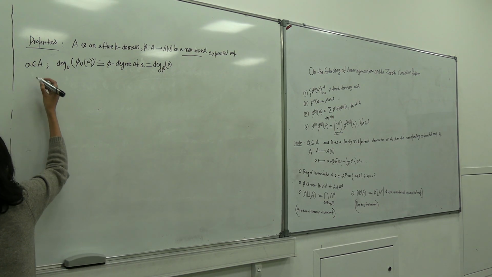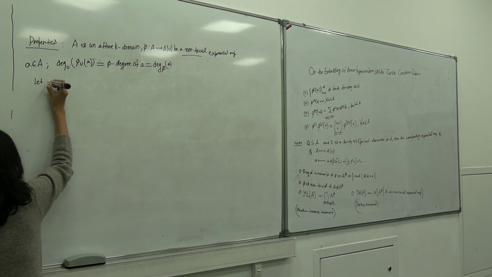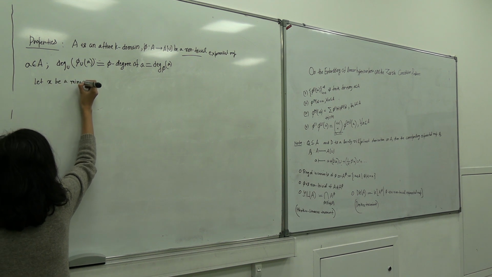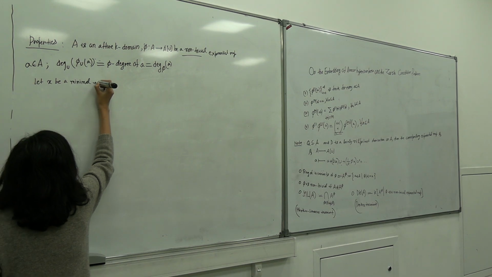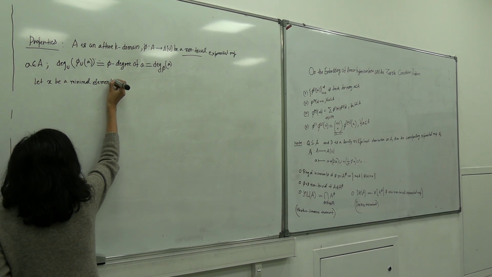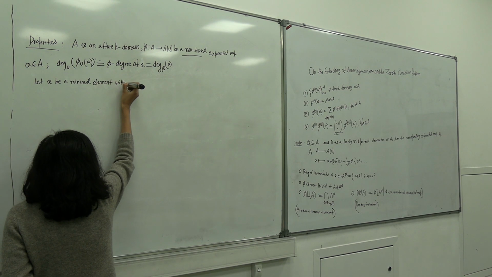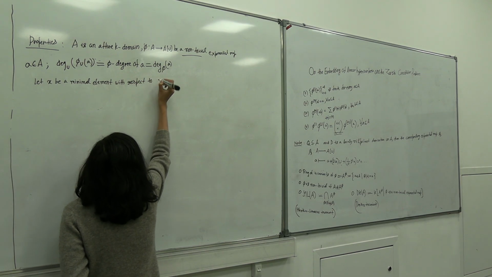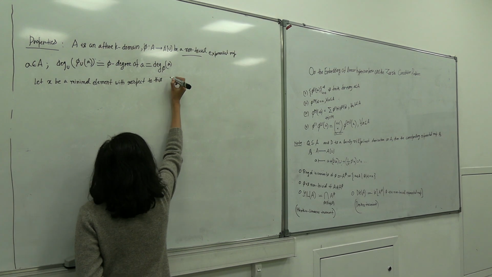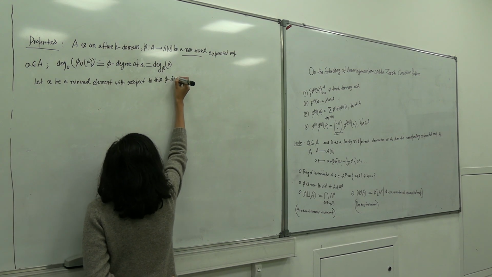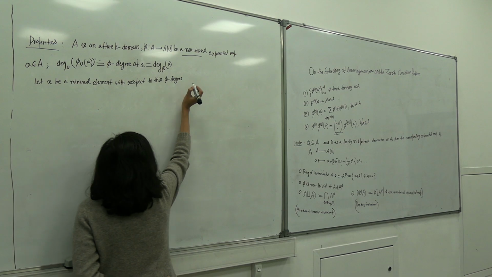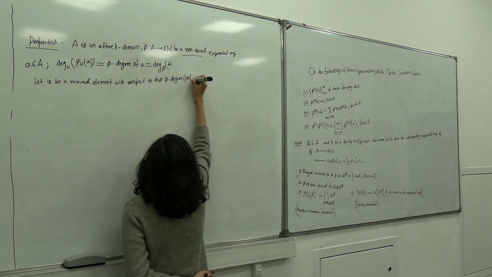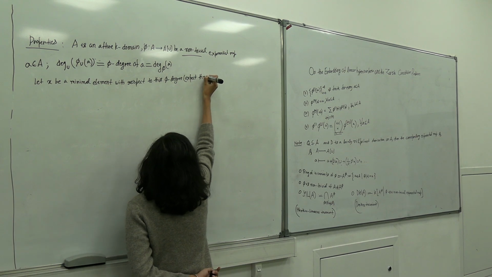And so let us take x to be a minimal element with respect to this phi degree, except the elements of A^phi.